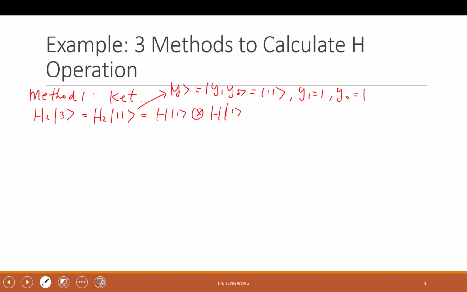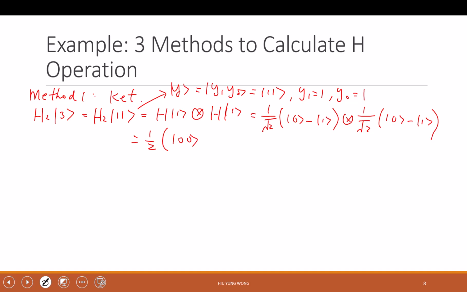And now what do you get when I apply H to 1? Can you give the 0, 1 basis, what it is? 1 over square root 2, 0 minus 1. Very good. Tensor product, the second qubit. Are you okay with this? And then how do you calculate it? Multiplication, right? So this is just 1 over 2. I have 0, 0.